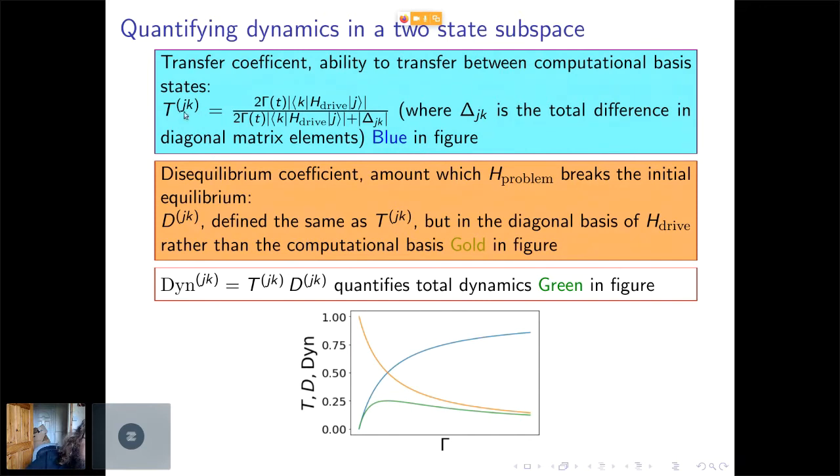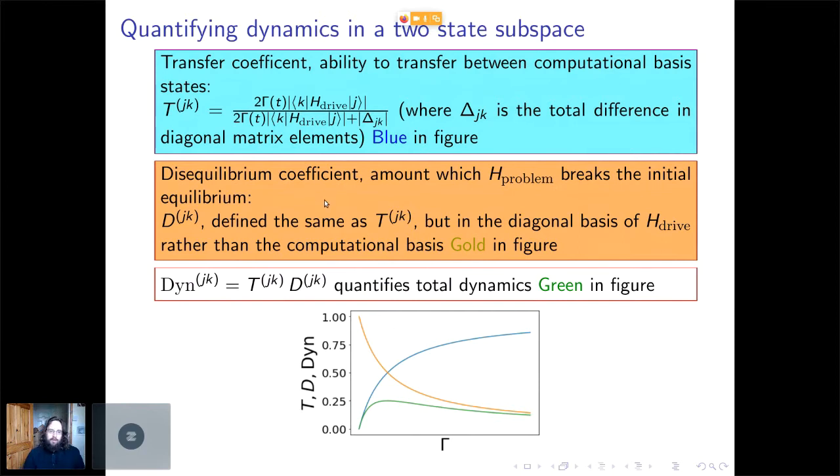Because if you want to just maximize this transfer, what you do is you just don't turn your problem on at all. And you can see here I have a plot. This would be having a very high gamma. So this blue curve just keeps going up as I raise gamma. If I make gamma equal infinity, it'll go to 1.